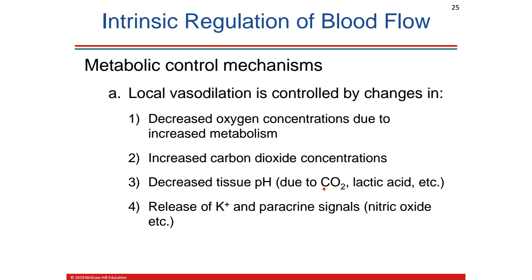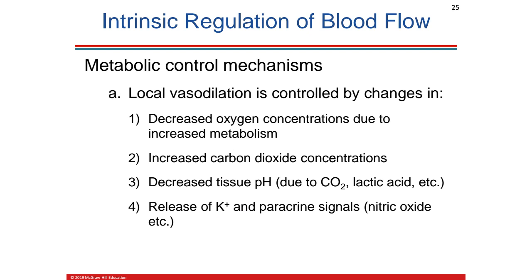This would happen in response to an increase in CO2 production locally, so that's again an indicator of aerobic metabolism. Hydrogen ion concentration will also increase in response to lactic acid coming out of, say, skeletal muscle due to anaerobic metabolism.